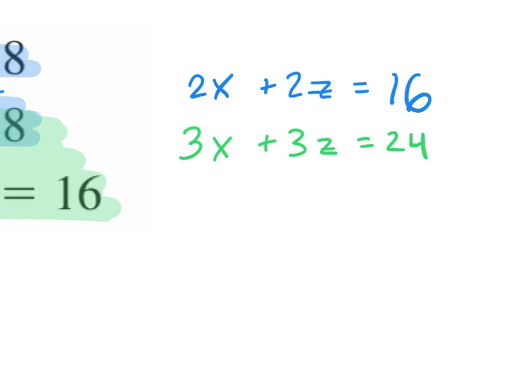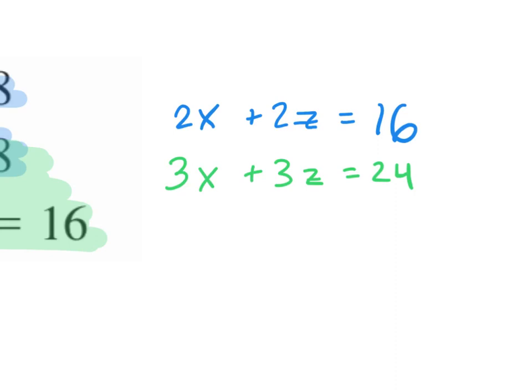So what's our least common multiple of these two? 6. So we would have to multiply the top by 3 to get 6. And then we want our bottom to be -6, so we would need to multiply everything in the bottom by -2.